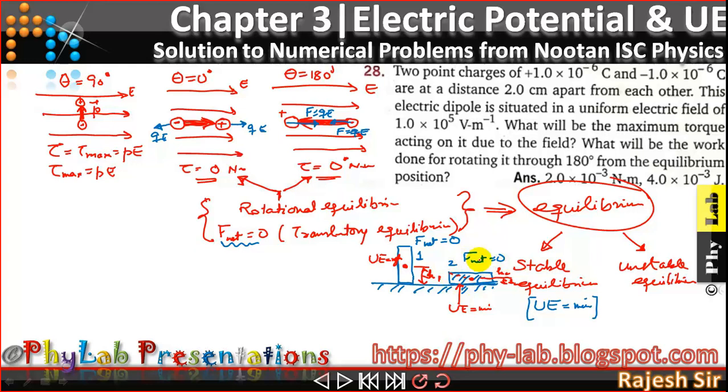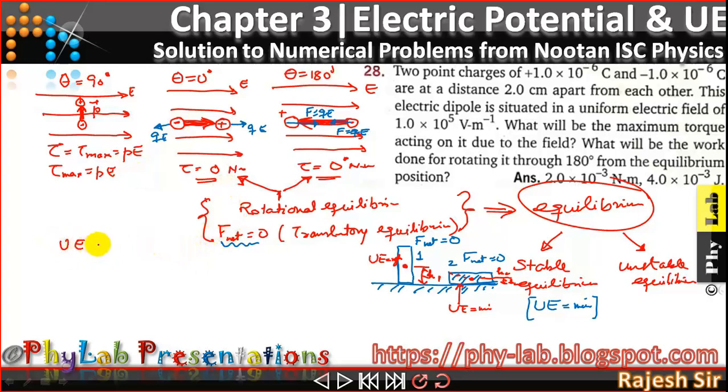Now, in case of electrostatics, friends, out of these two positions, which position of the dipole is the position of stable equilibrium and which position of the dipole is the position of unstable equilibrium? In order to get the position of stable and unstable equilibrium, I need to know the potential energy of the dipole.